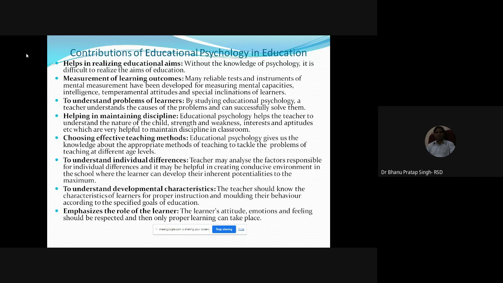And these competencies which are attained by the teacher through educational psychology will develop the inherent potential of the learner to the maximum extent.